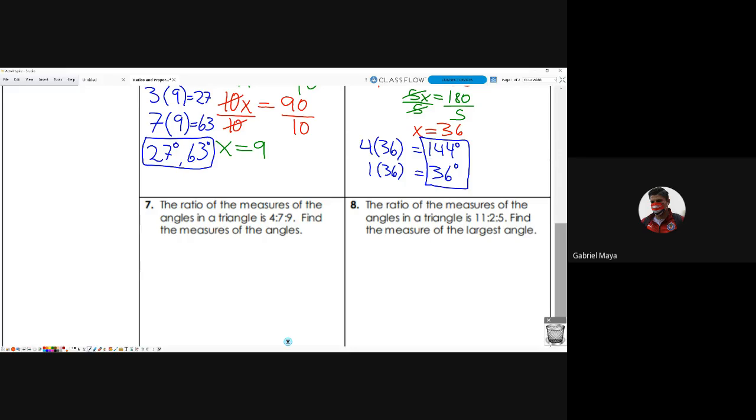Okay. For random selector, let's see whose name gets drawn. Isa, Aragon, and Benji.